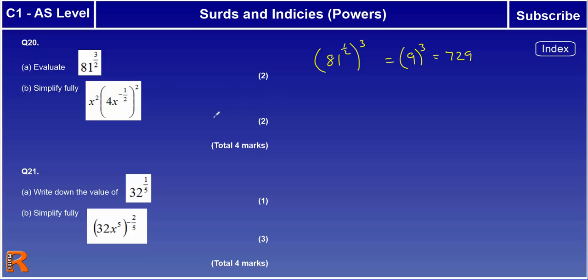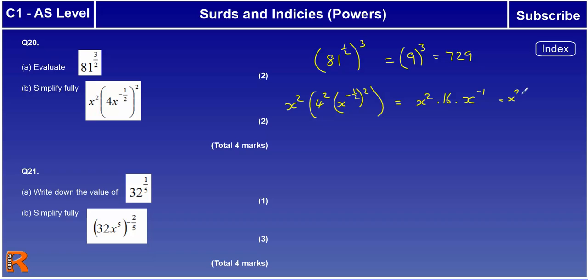Simplify fully this expression. So we've got x squared times this squared, so the 4 has to be squared, and then the x to the minus a half has to be squared. So that's x squared times 4 squared is 16, times x to the minus a half squared is going to be x to the minus a half times 2, which is minus 1.